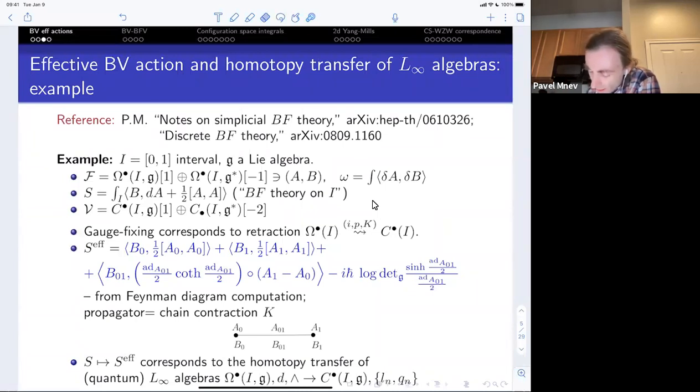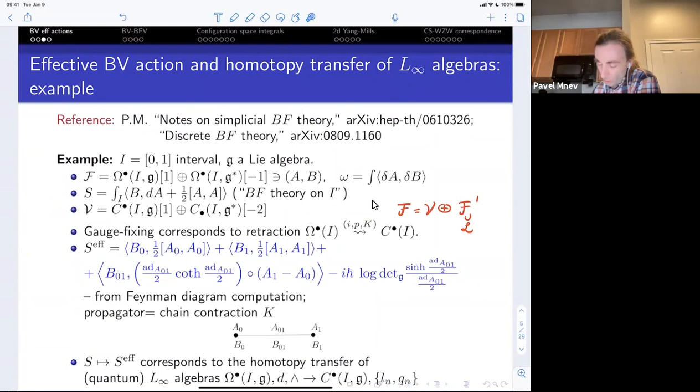So using these three maps, one can construct the splitting of the fields into slow and fast ones, and a Lagrangian inside there. The Lagrangian essentially is constructed in terms of this chain homotopy.